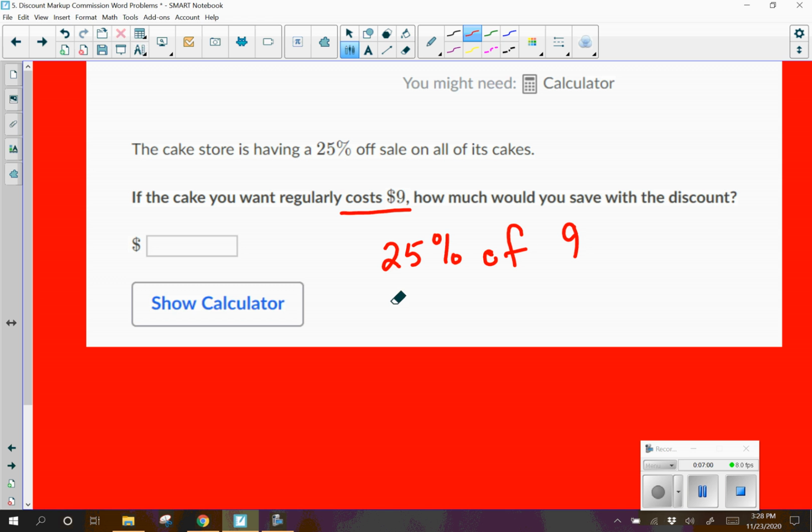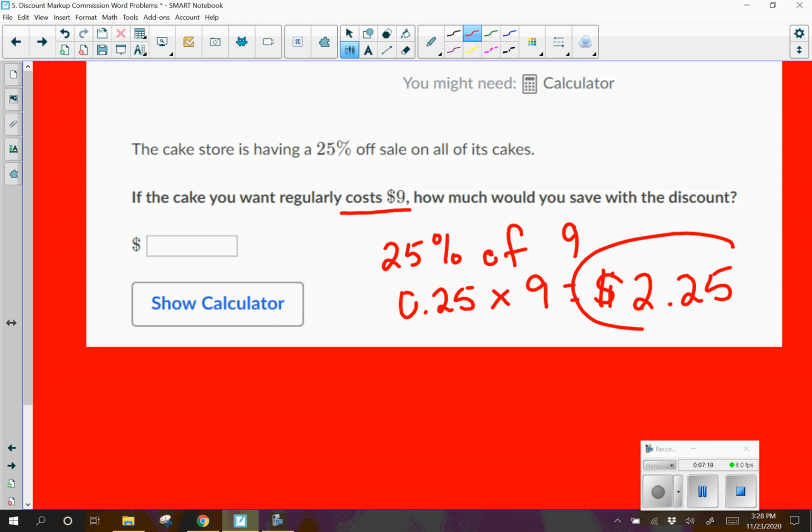So 25% would be 0.25 times 9, and that's going to give us how much the discount will be, and that's going to tell us how much money you'll save. So 0.25 times 9 gives us our answer of $2.25. So that's how much money you will save with the discount.